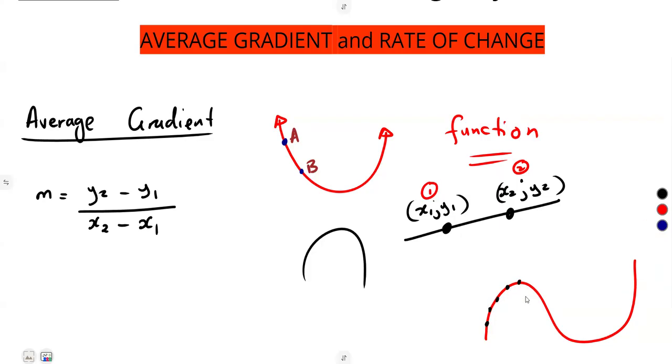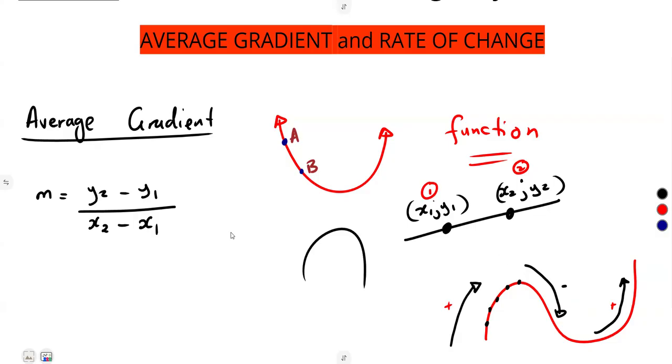The function will be increasing, going up. Then the function is now decreasing, going down. The function is increasing, going up. The gradient is differing from one point to another.